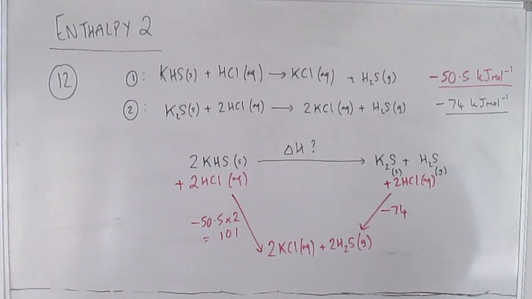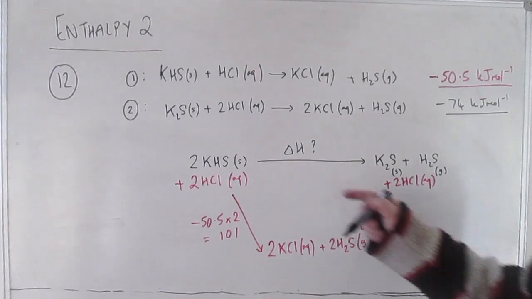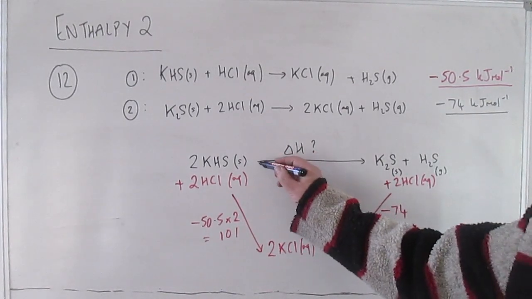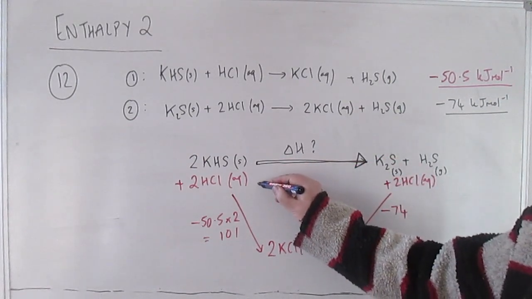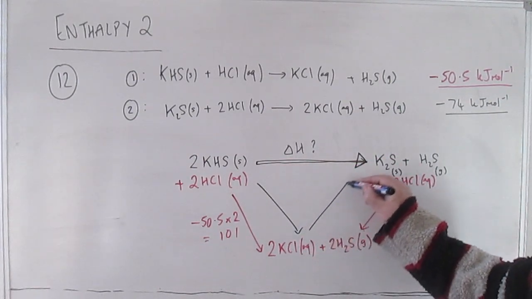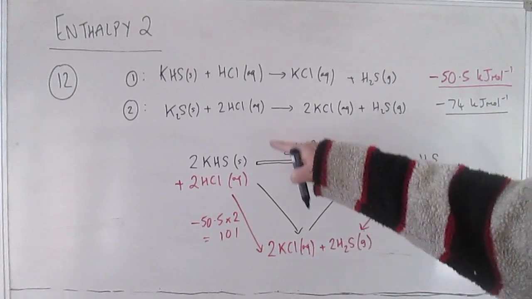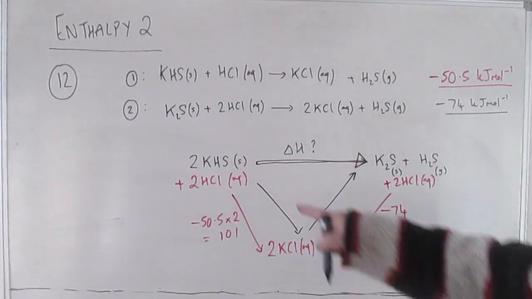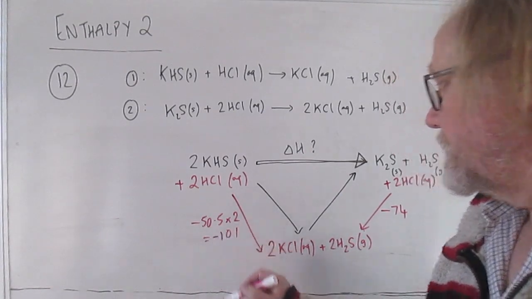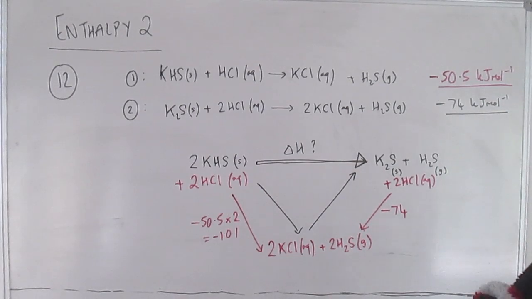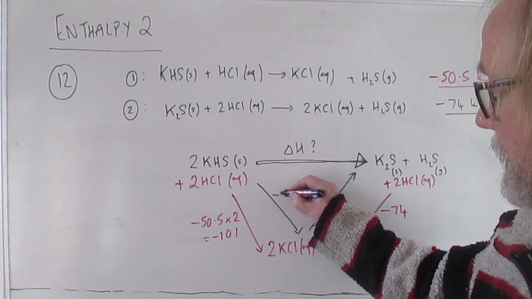And having constructed that, we're in good shape to apply Hess's law, because it's now a very simple one where we say, right, this is the one we want, and Hess's law says we can do it in 2 steps like that. Okay, coming down here and then up there. First leg is the same as that one, so that's minus 101 coming down here.